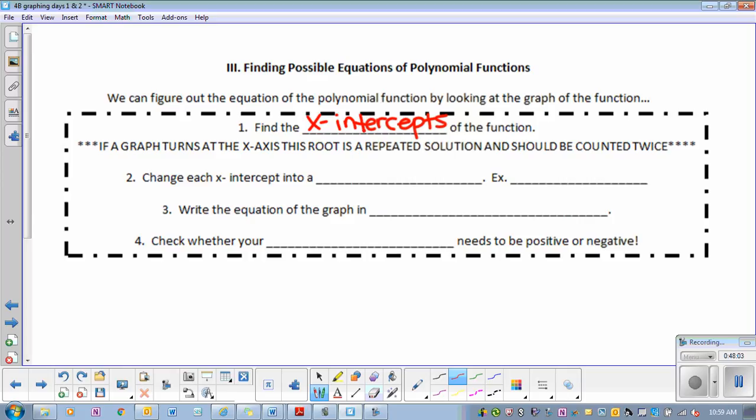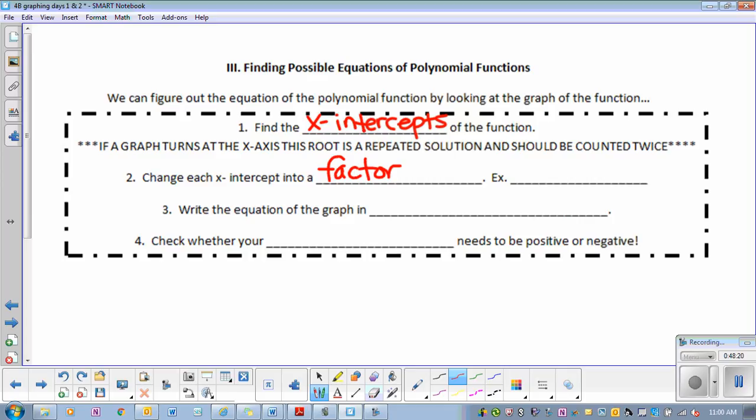If a graph turns or bounces at the x-axis, then that's a double root. You have to write it twice. Now, you want to take each x-intercept and change it into a factor.